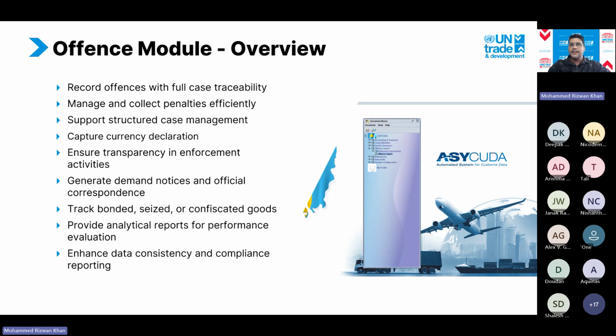This does not create confusion. It helps in reporting, so everything is in the report, and you can see the collection in one place. You don't have to do separate reports for offense collection and separate reports for the other types of collections. So we have enhanced this based on the requirements of some countries.